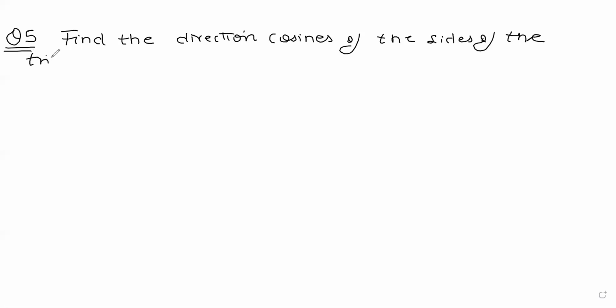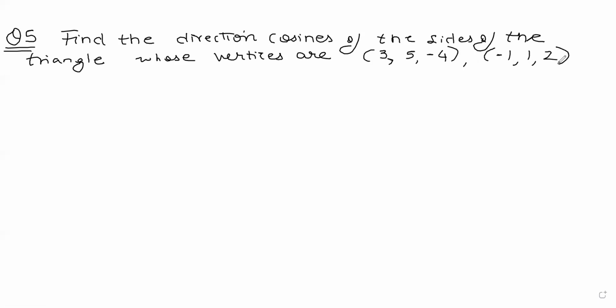Find the direction cosines of the sides of the triangle whose vertices are 3, 5, minus 4, minus 1, 1, 2, and minus 5, minus 5, minus 2.